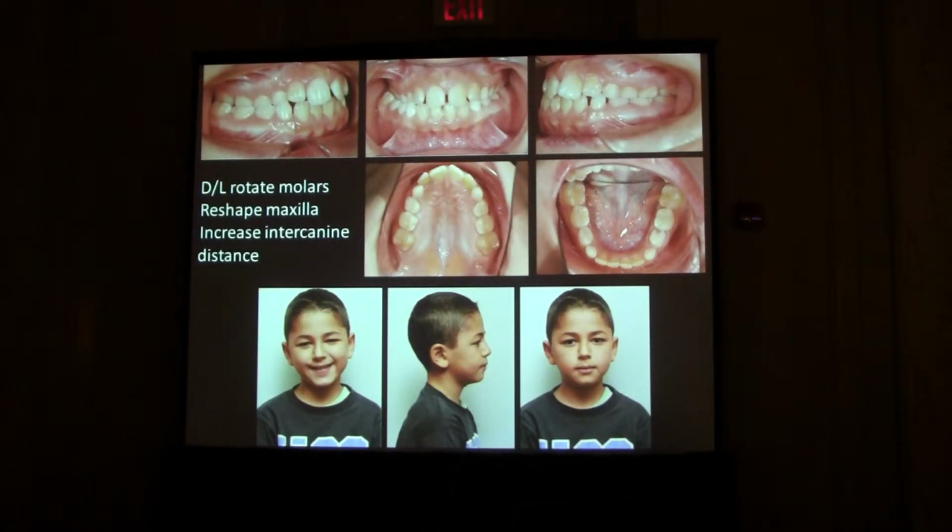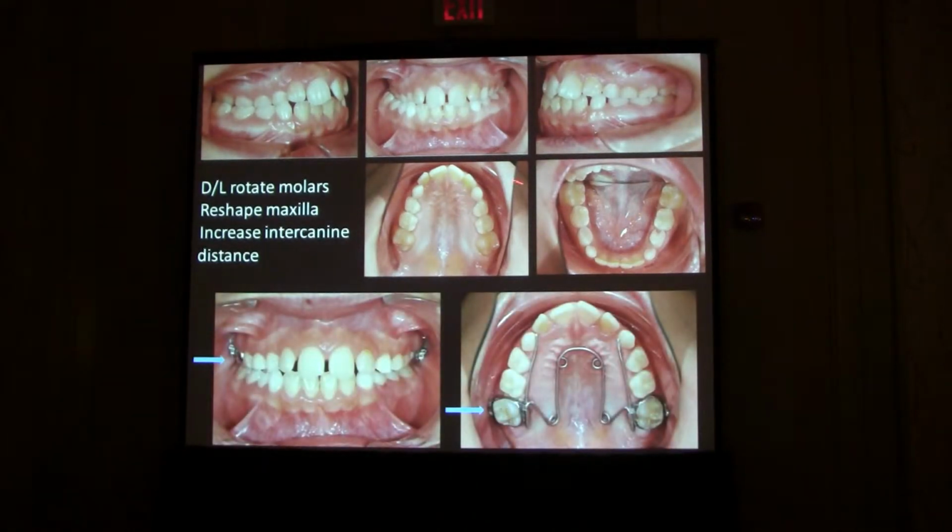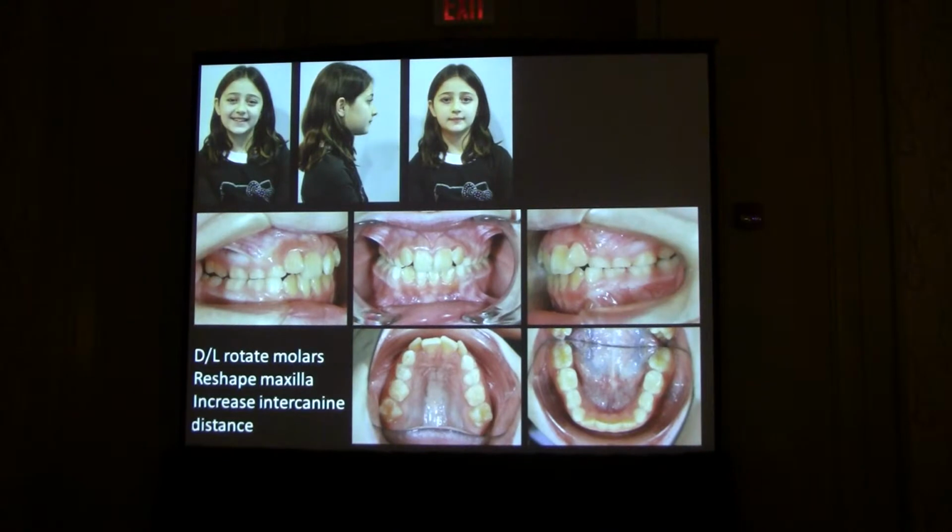Here are a few examples of expansion and of molar rotation. Look at the correction of the unilateral crossbite and look at the correction of the molar rotation. Here we have a strong molar rotation to correct and an expansion to make on the premaxilla.